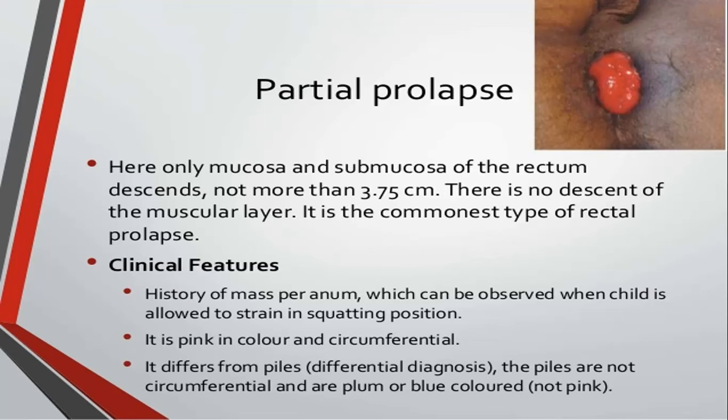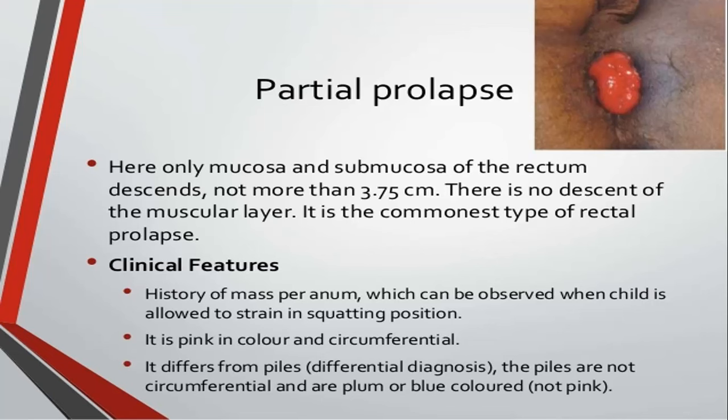So if any patient comes to you saying there's something coming out from the anus, and you examine it yourself and see an area which is only about two finger breadth, you are diagnosing a prolapse. First you inspect the patient, see the perianal region, and diagnose prolapse. Now you are going to confirm whether it is partial or complete.